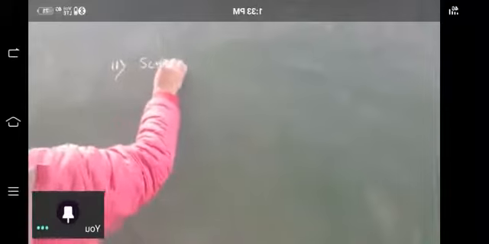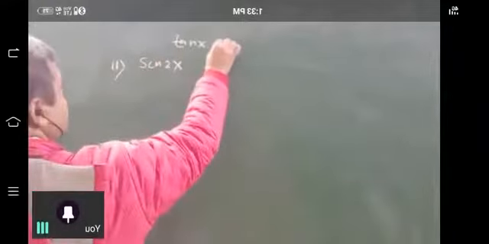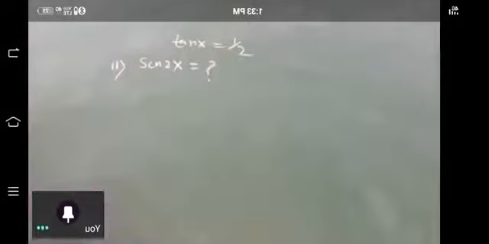Now see the second part. It is also what is value of sin 2x. What is value of sin 2x if tan x is 1 by 2? Given that tan x is 1 by 2, then what is value of sin 2x?